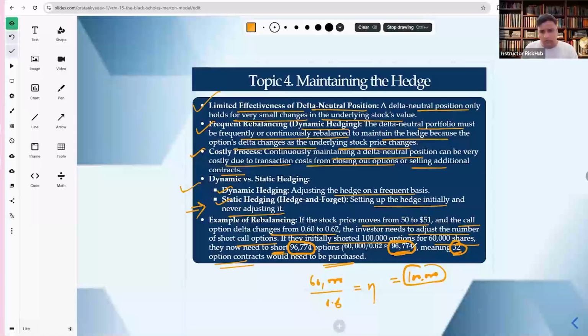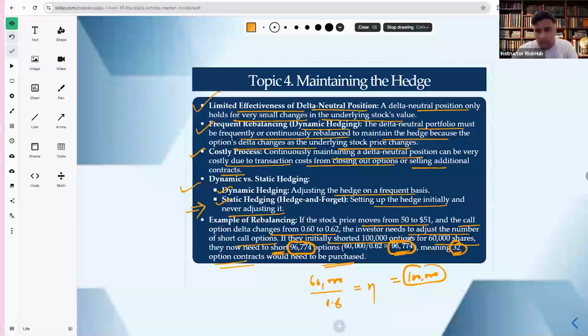It should not be 32, right? It's 3,000-something. Why is it 32 given? 96,774 doesn't make 32, right? What am I missing? It says 32 short, need to short this many options.